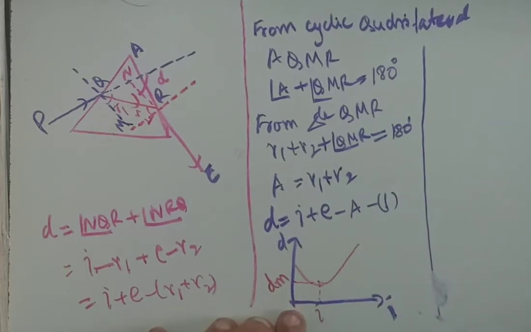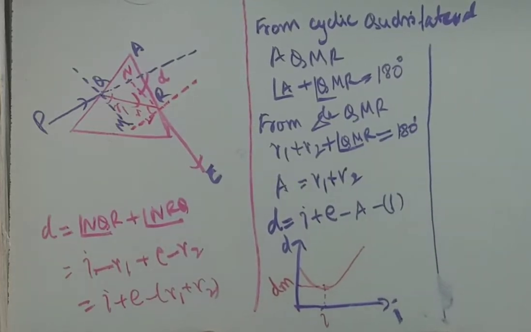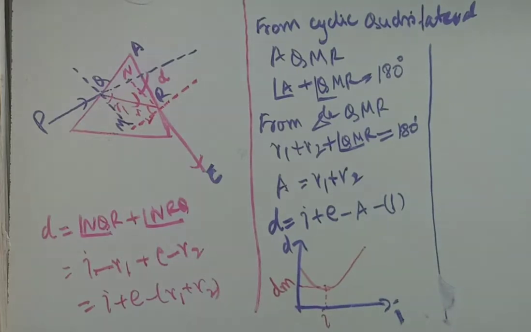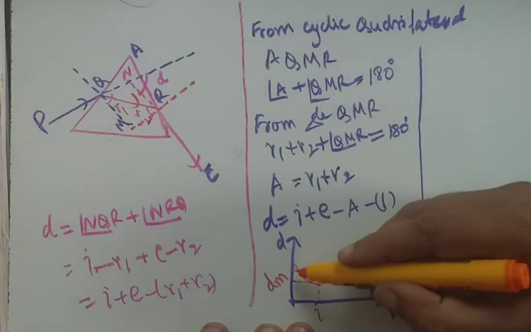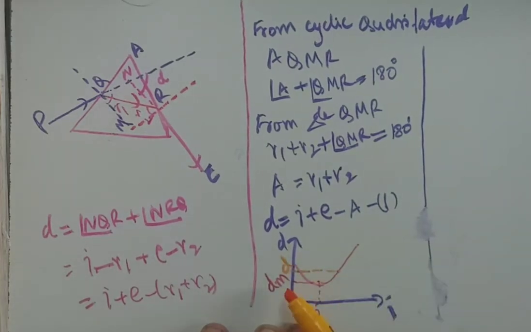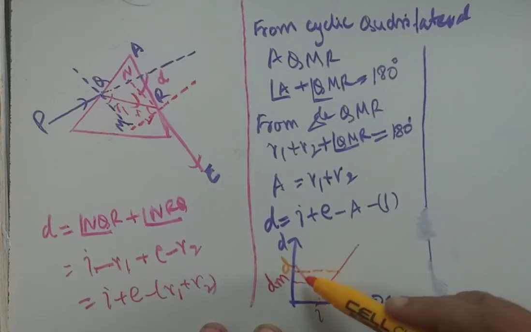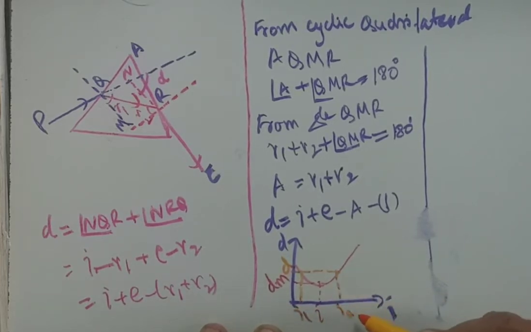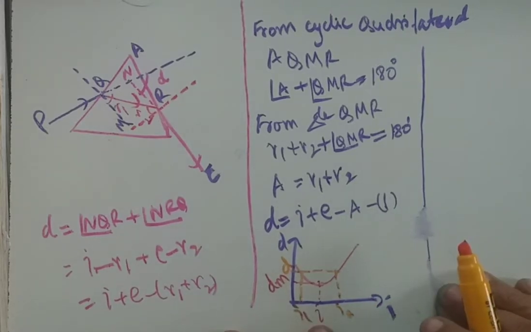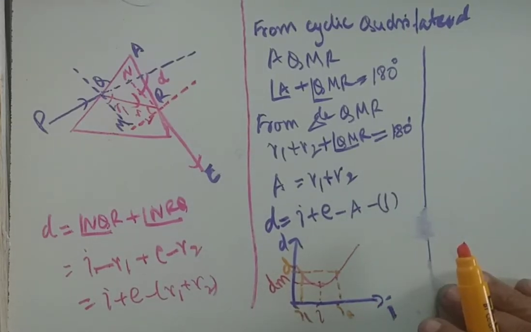M stands for minimum. As this graph shows, for every angle of deviation there are two angles of incidence. If I draw a horizontal line at a particular D, then that cuts the curve at two points. One point of cutting we call I1, and the point where it cuts the second time I2. So looking at this graph, it tells us for two values of angle of incidence, the deviation is the same.